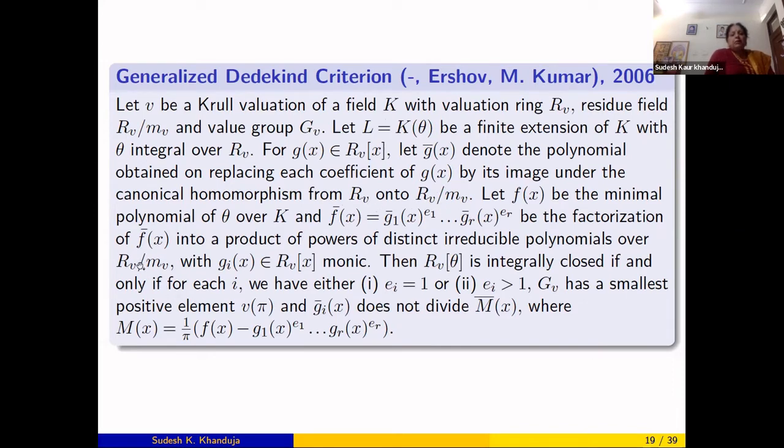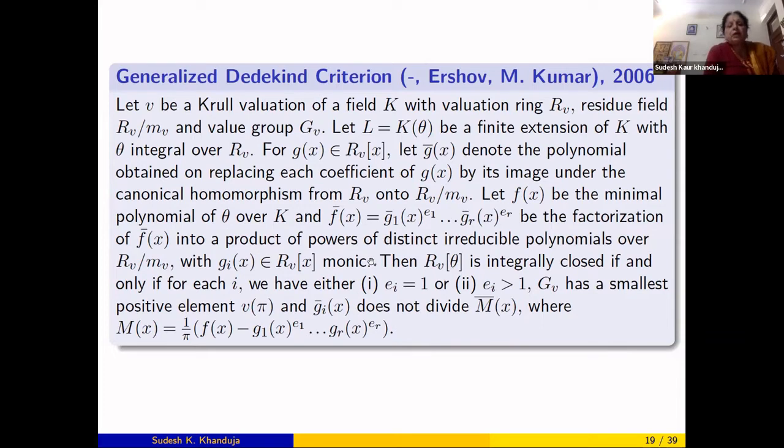Let f(x) be the minimal polynomial of theta over K, and let f bar(x) equal g1 bar(x) raised to e1 through gr bar(x) raised to er be the factorization of f bar(x) into a product of powers of distinct irreducible polynomials over RV mod MV, with each gi(x) belonging to RV[x].